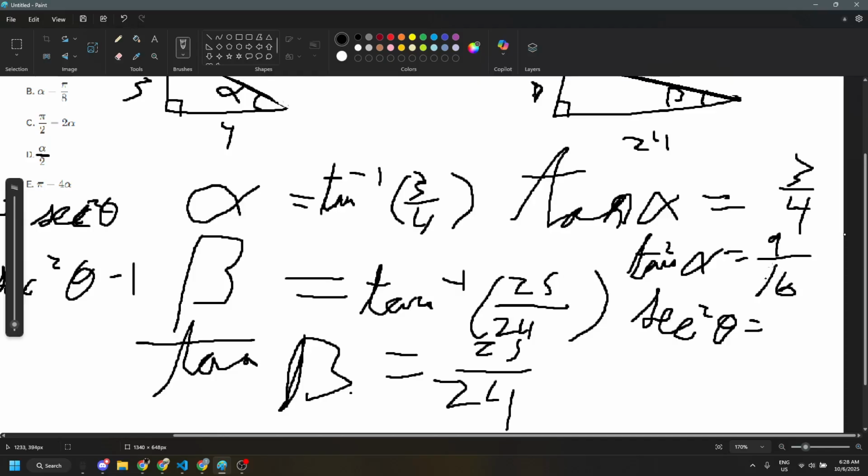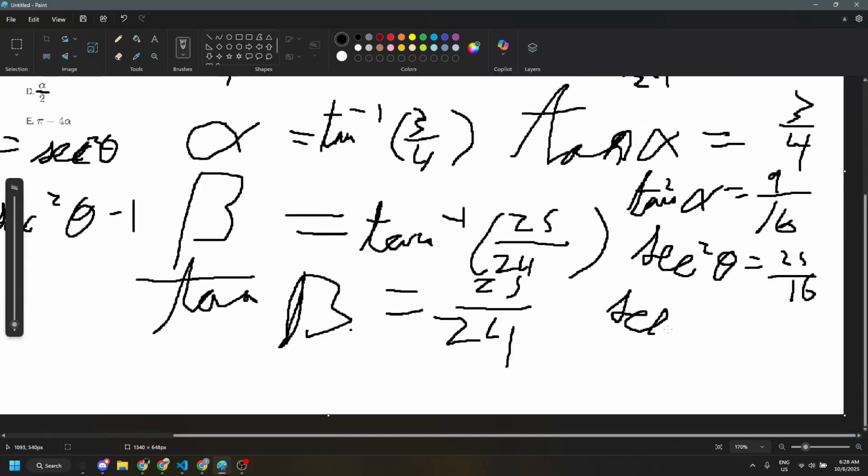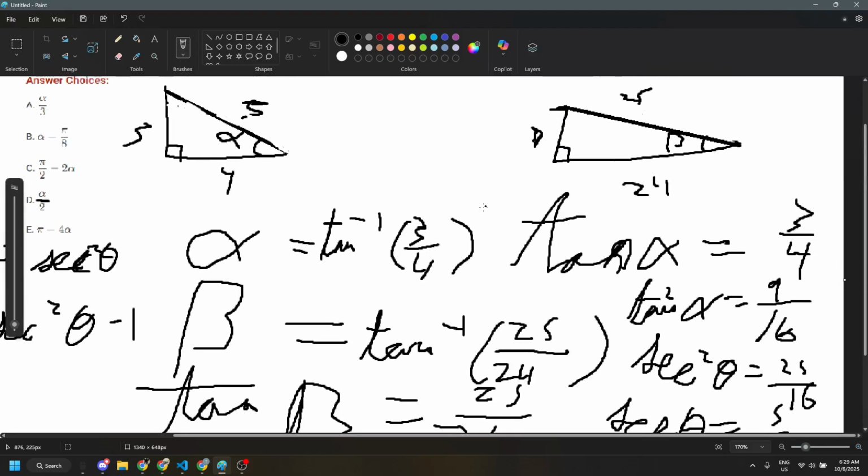I'll just add the 1 to this side till we get 25 over 16. So secant theta is equal to 5 over 4. This isn't really helping though, because we need something for inverse tangent, and that's what I'm not getting.